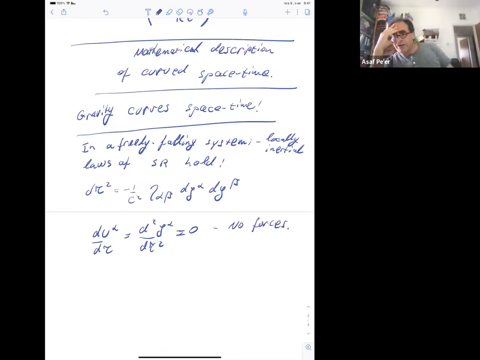So in this freely falling frame, we're assuming that we're seeing a particle that is freely falling, no forces. And now we want to ask, okay, but now we're in a gravitational field, so we do see a force, which we call the force of gravity, of course.